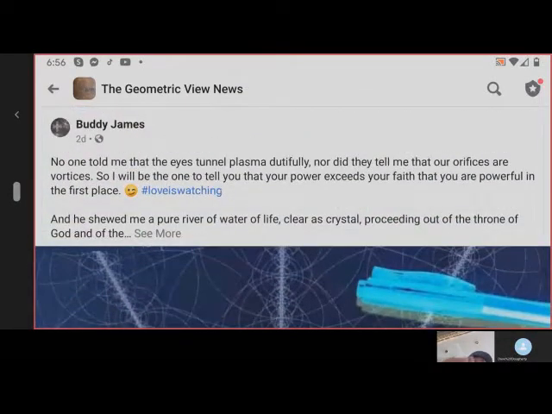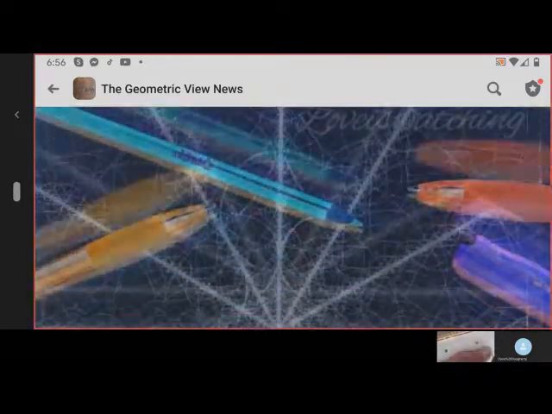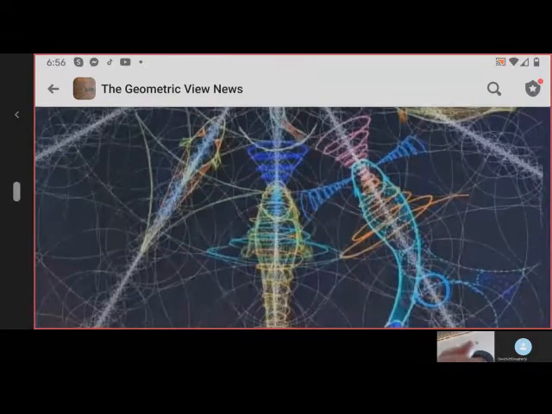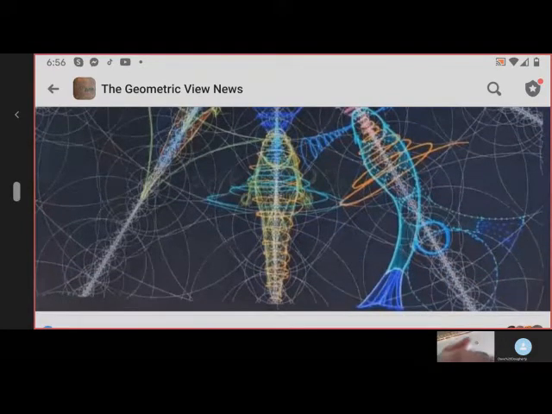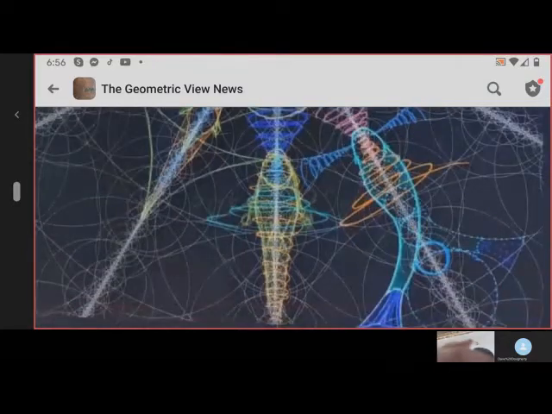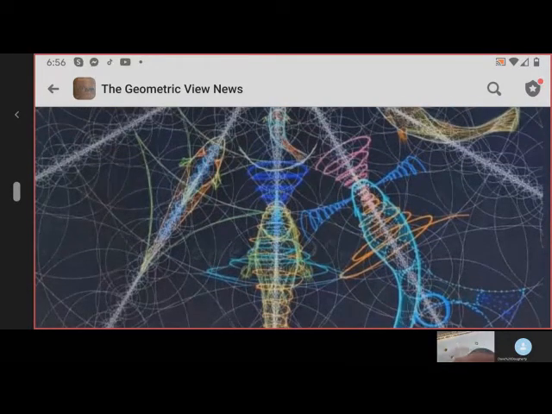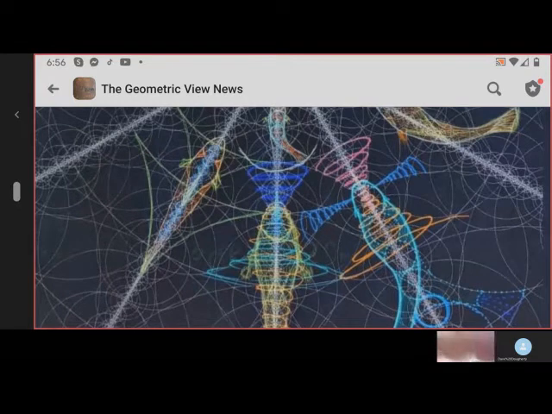Here's an image that I drew showing the fish here inside of the Dougherty set, inside the Dougherty network, and how the orifices are vortices. See how the fish's eyes, where the eyes are, the blue vortex, and the purple vortex coming in the mouth on the fish to the center right, just to the right of the center, and the orange vortex comes out of its gills.